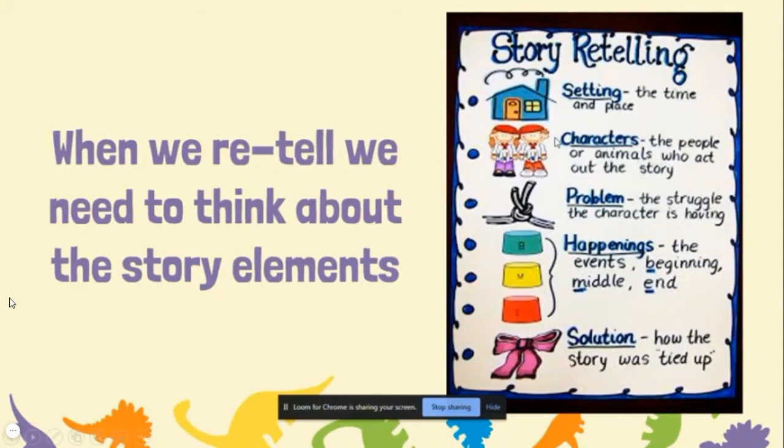Our stories always need to have characters. Then we have the problem. So, what is the problem in a story? Well, the problem is the struggle that the character is having or facing, or any situation that is hard for the characters. Happenings are the events, the beginning, the middle, and the end of the story. And lastly, the solution, which is how the story was tied up or how it was solved.